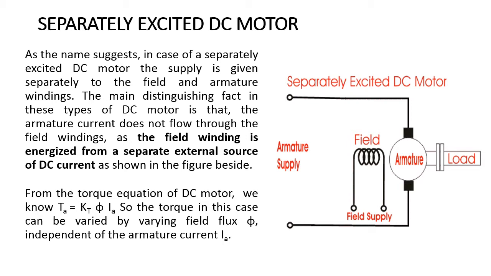From the torque equation of a DC motor, we know Ta is equal to a constant kT multiplied by phi and Ia. So the torque in this case can be varied by varying the field flux phi independent of the armature current Ia. Because there is no relation between Ia and the field current, we can vary phi and Ia independently.